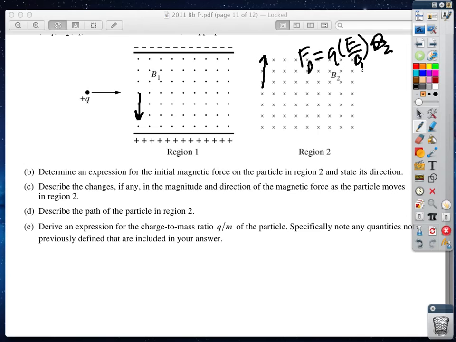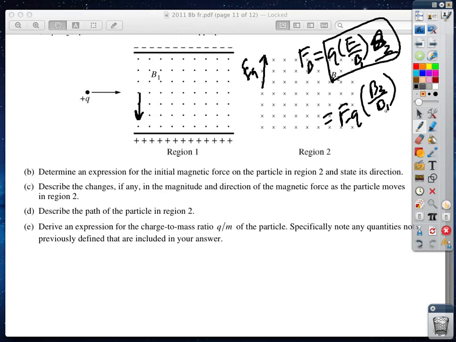Excellent. So I should have labeled that B1. So this doesn't necessarily cancel. So I can't just say this is EQ. I need to say that's the whole thing. It's kind of like EQ times B2 over B1. So I was off by a factor. Okay, so that's good. Good job.